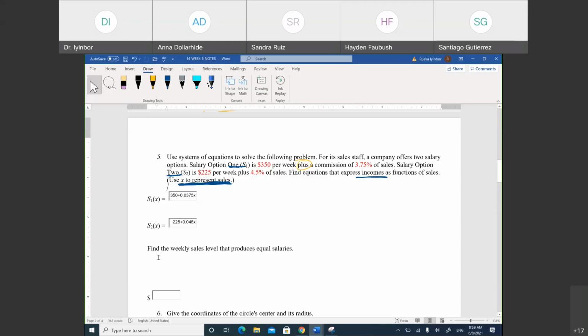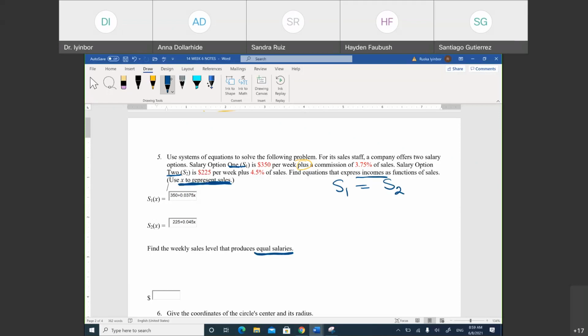And then the next question is to find the weekly sales level that produces equal salaries. So what is X? You have option 1 equals option 2. They're asking how much you need to sell so you can get the same paycheck for option 1 and option 2.